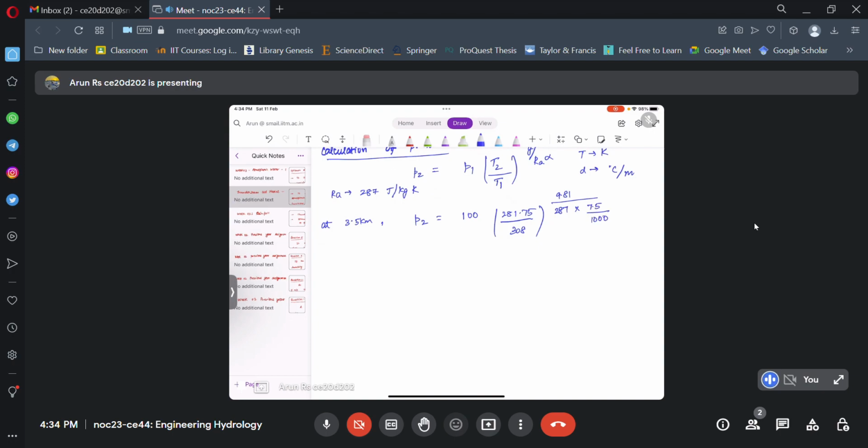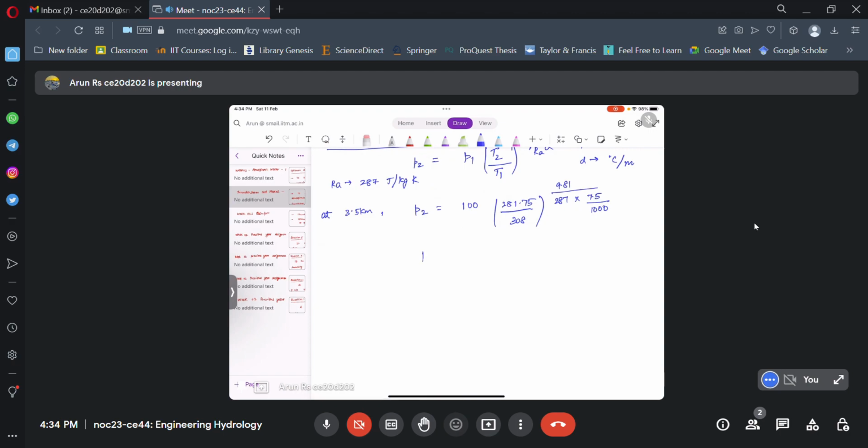I am converting it into meters. So pressure at the second level will be equal to 66.633 kilopascals.